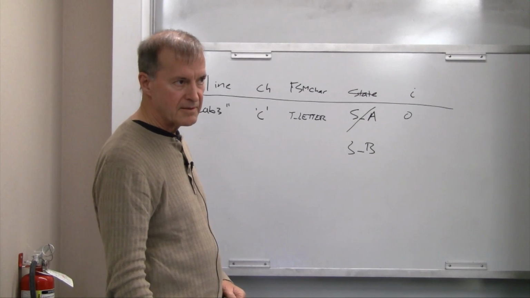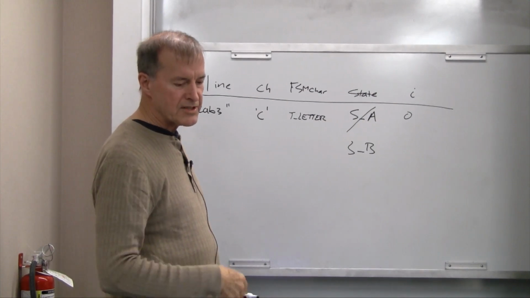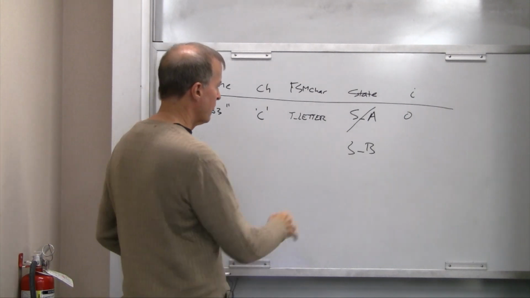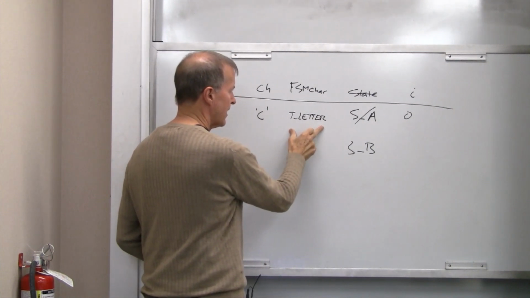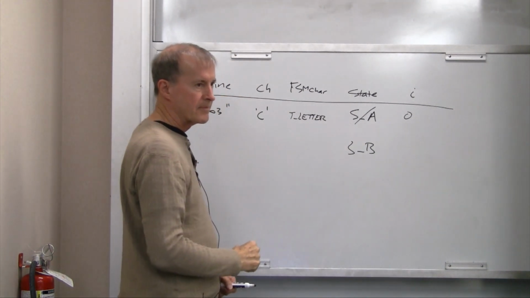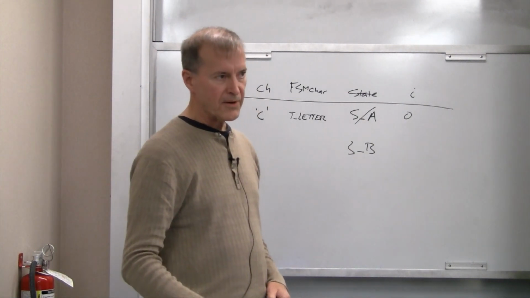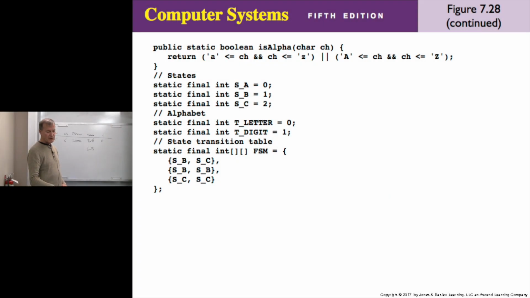Can you go through that last part one more time? Sure. Do you see that what we currently have is state is A, FSM char is letter? Are you with me? And if we look at figure 7.8, what is in row A, column letter? You understand that the rows are 0, 1, and 2, and the columns are 0, 1, but we are naming them states A, B, and C, and columns letter and digit.